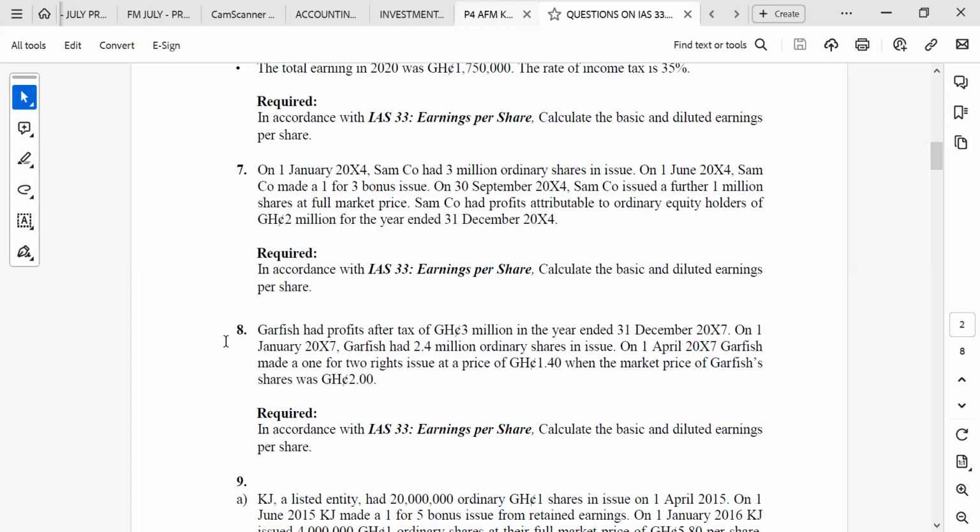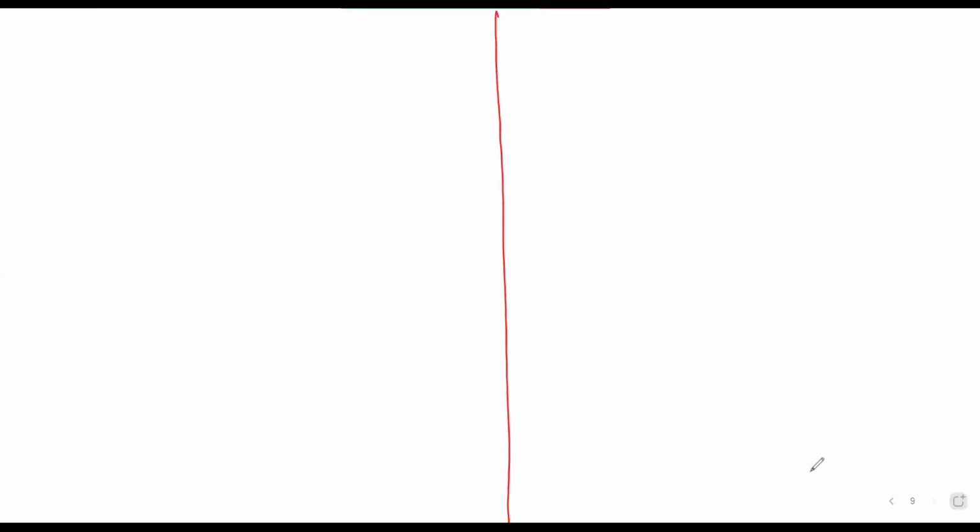So on 1 April 20x7, Garfish made a 1 for 2 rights issue at a price of 1.4, when the market price of Garfish shares was 2. So what you do is that you have to find the bonus element. So we are going to be looking for the bonus element in the right issue.